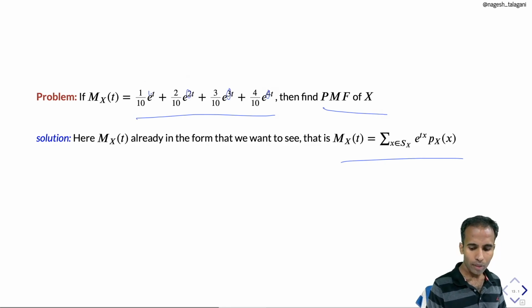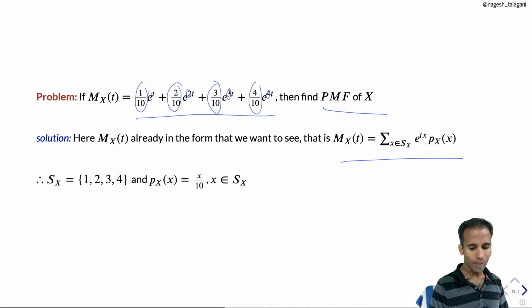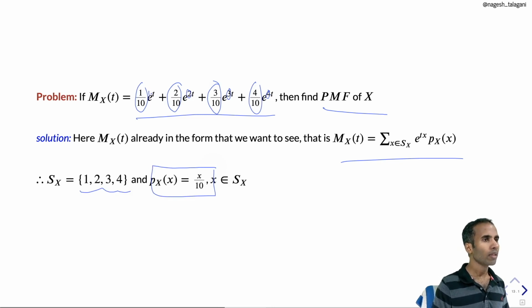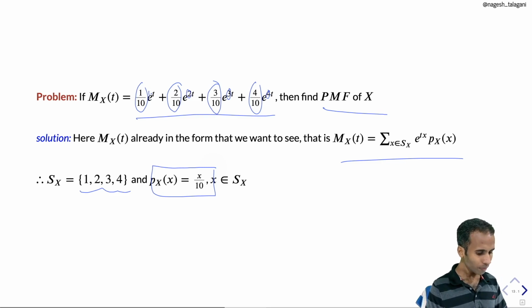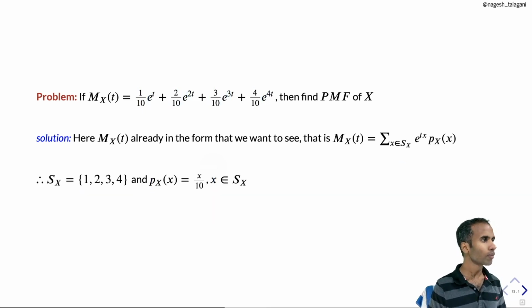So, Sx is going to be {1, 2, 3, 4}, and the PMF values: at 1 is 1 by 10, at 2 is 2 by 10, at 3 is 3 by 10, at 4 is 4 by 10. Therefore, the support of X is the set consisting of 1, 2, 3, 4, and the PMF function is P of x equal to x by 10 for x belongs to Sx. Fine. This is easy. Next problem.